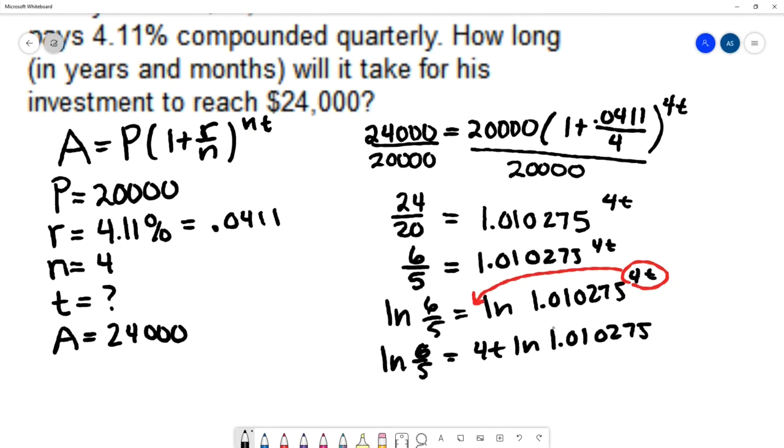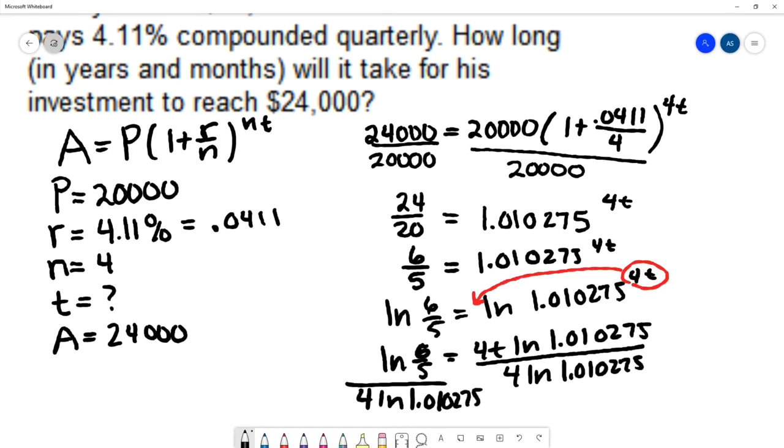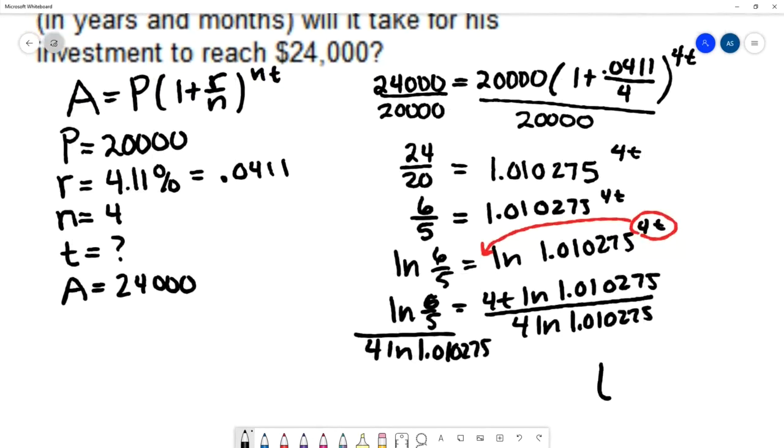We want to solve for t by dividing by 4 natural log of 1.010275 on both sides. So we're going to get our time equal to natural log of 6/5 over 4 natural log 1.010275.